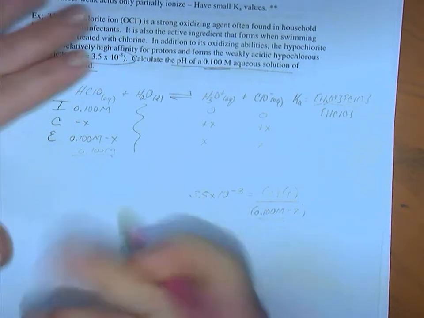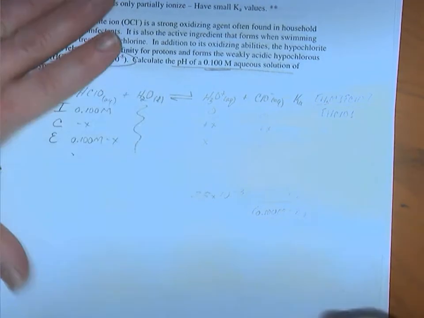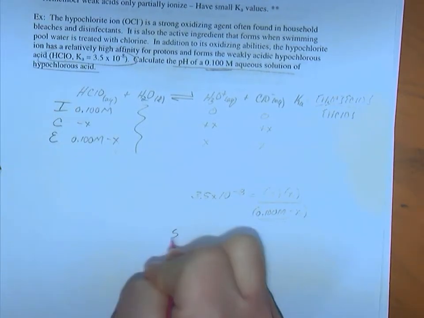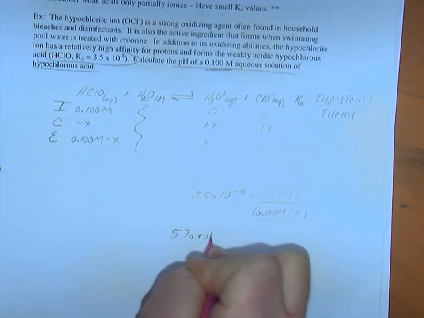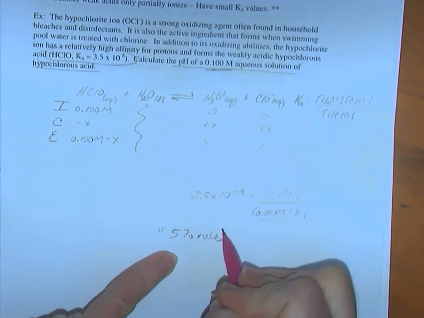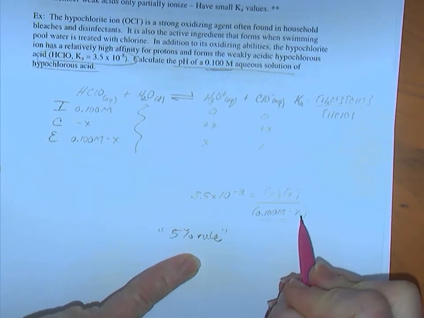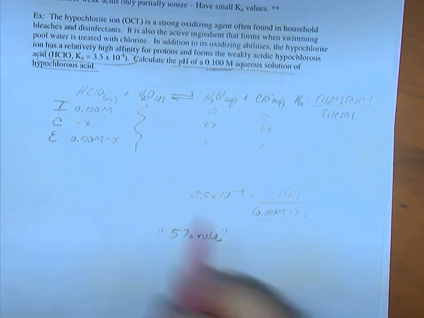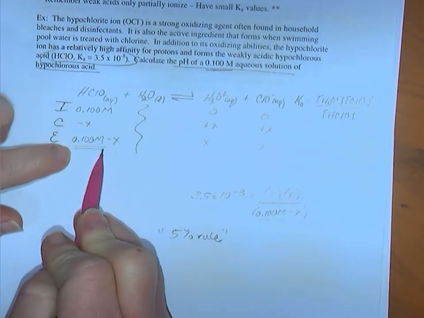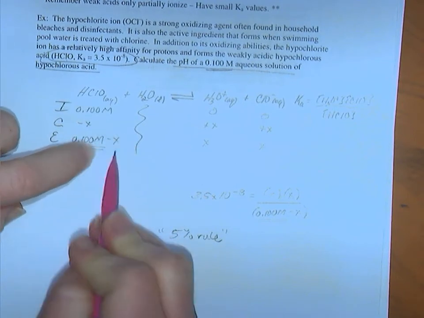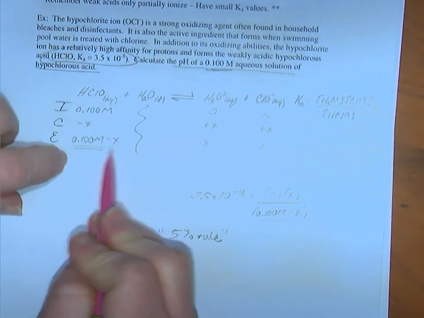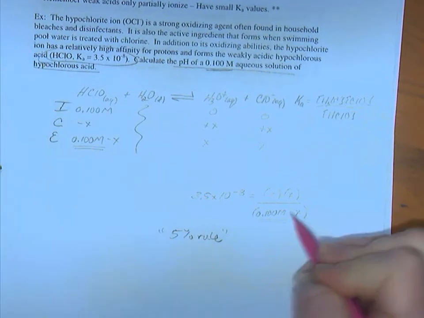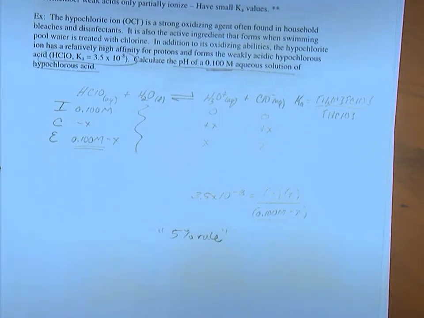So it's something called the 5% rule. As long as whenever you find your value of X, it is not equal to or greater than 5% of what you are intending to subtract it or add it to, we can ignore X. That really simplifies our math, doesn't it?